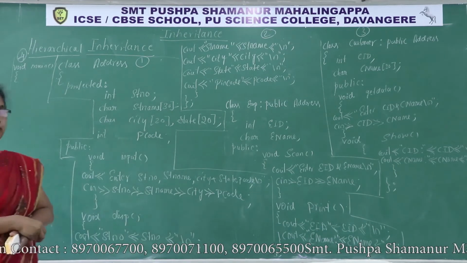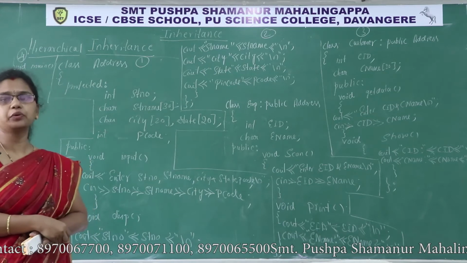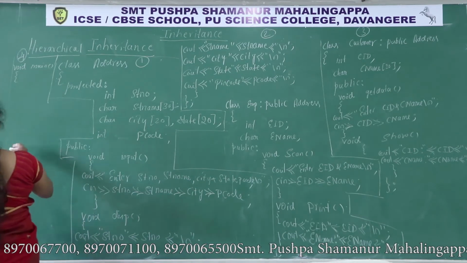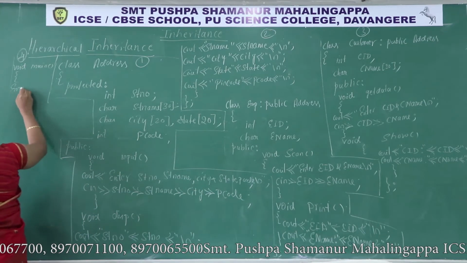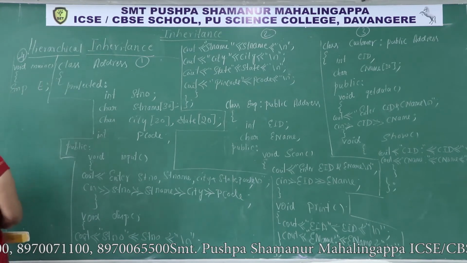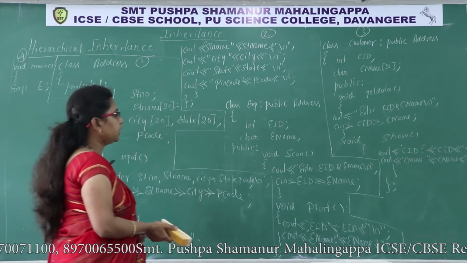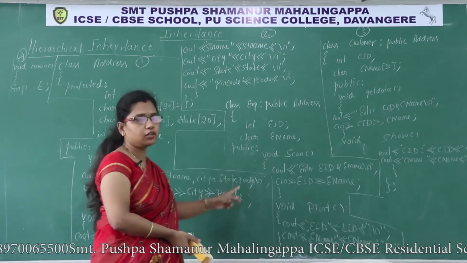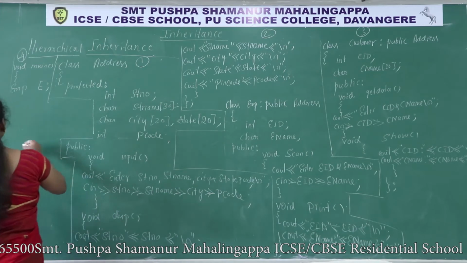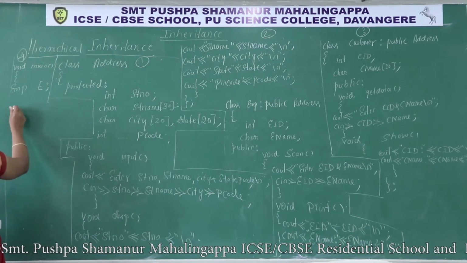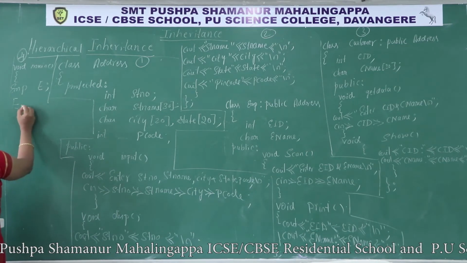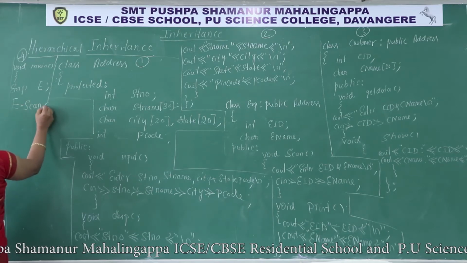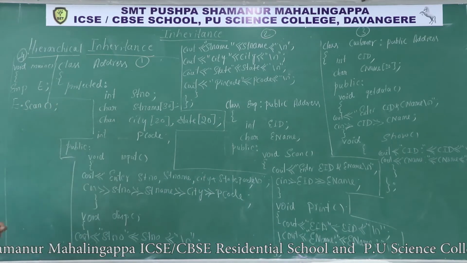Now I want to access members of the employee class, so I have to create an object for employee. EMP, object name is E. I want to read employee ID and employee name. For that purpose I have taken the scan function. I have to call scan using this object: E dot scan, open close parenthesis, semicolon.